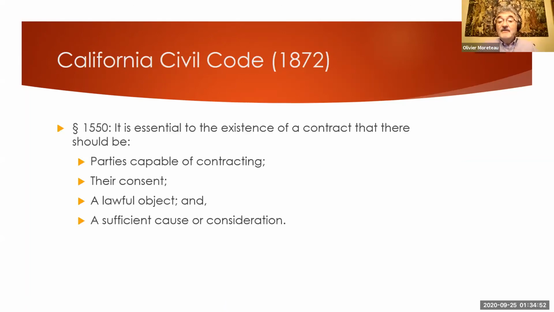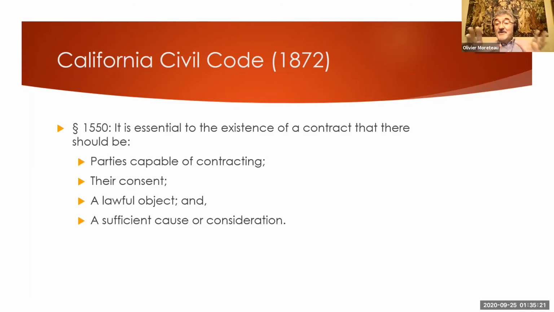You have here a few excerpts of the code. And in style, it very much resembles actually the French Civil Code. This is about contract. It is essential to the existence of the contract that there should be parties capable of contracting, their consent, a lawful object, and a sufficient cause or consideration.